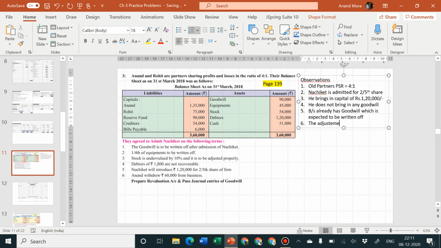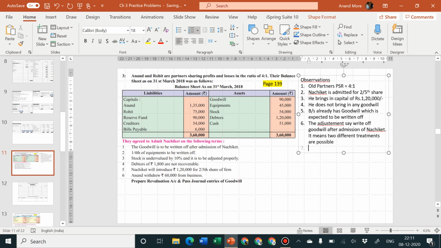The adjustment says write off goodwill after admission of Nachiket. It means two different treatments are possible.